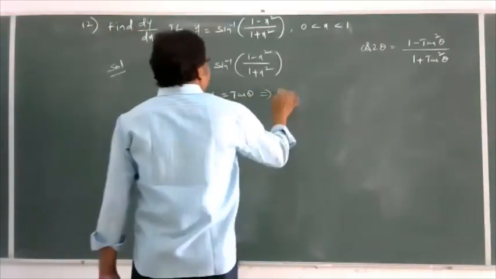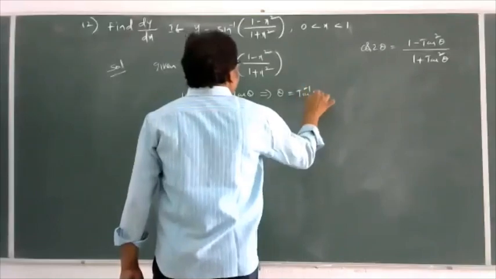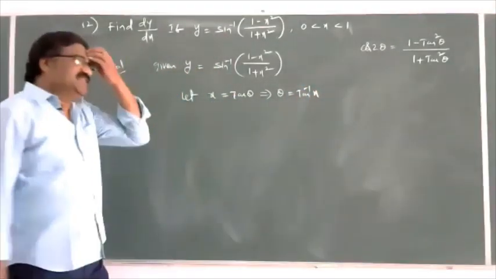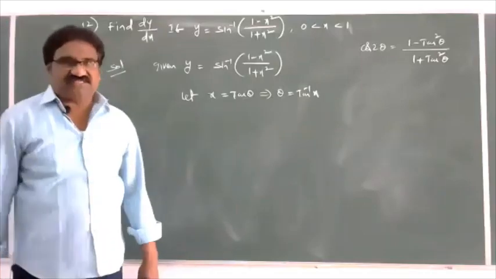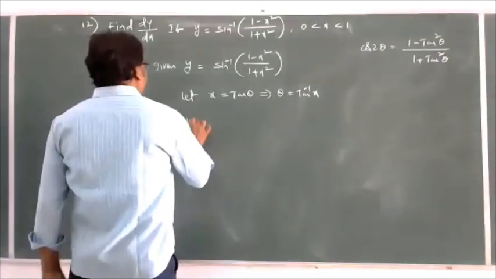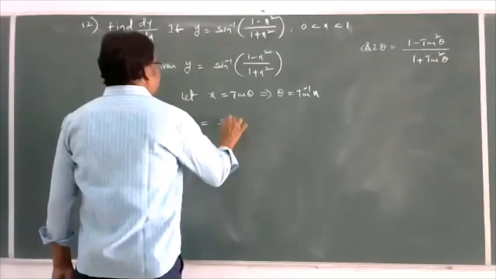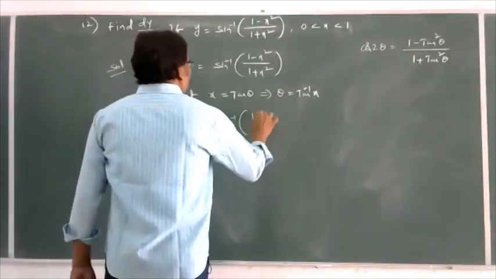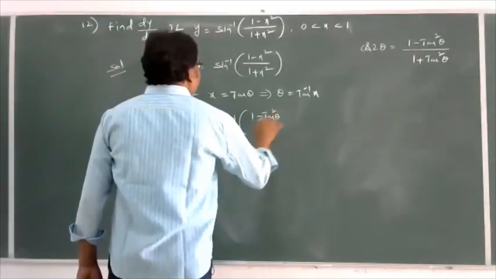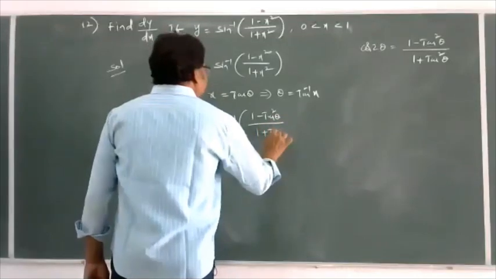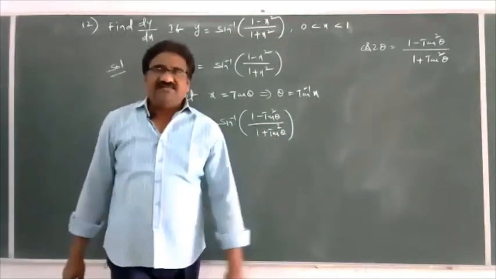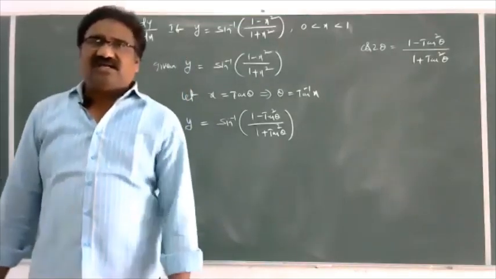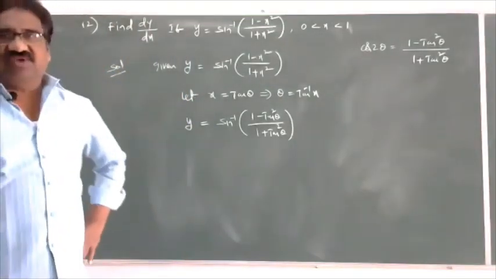That implies theta is equal to tan inverse x. Then substitute here: y is equal to sine inverse of (1 minus tan square theta) by (1 plus tan square theta).